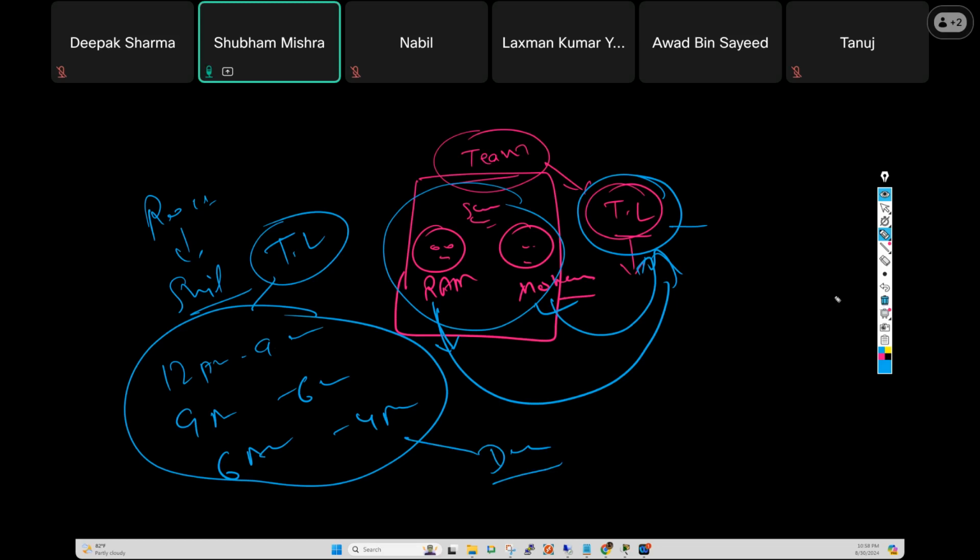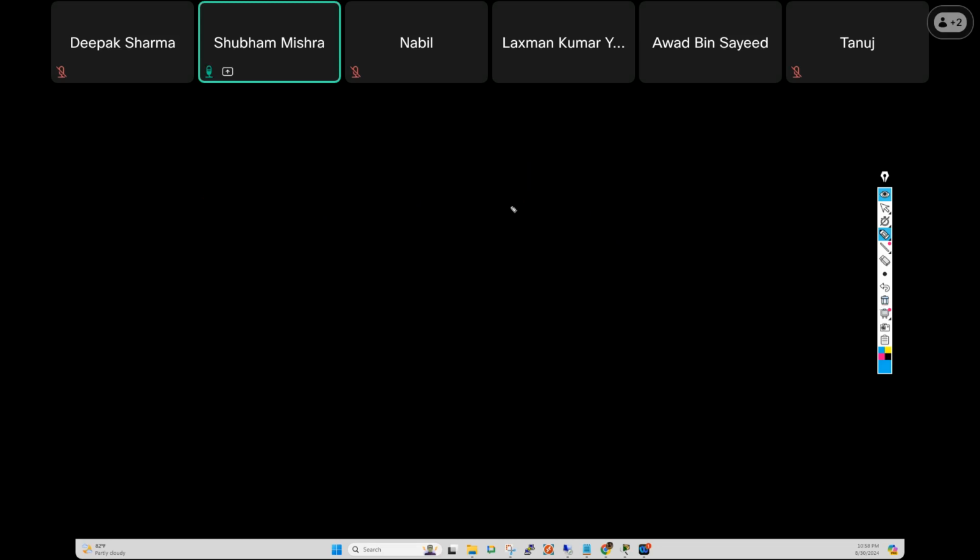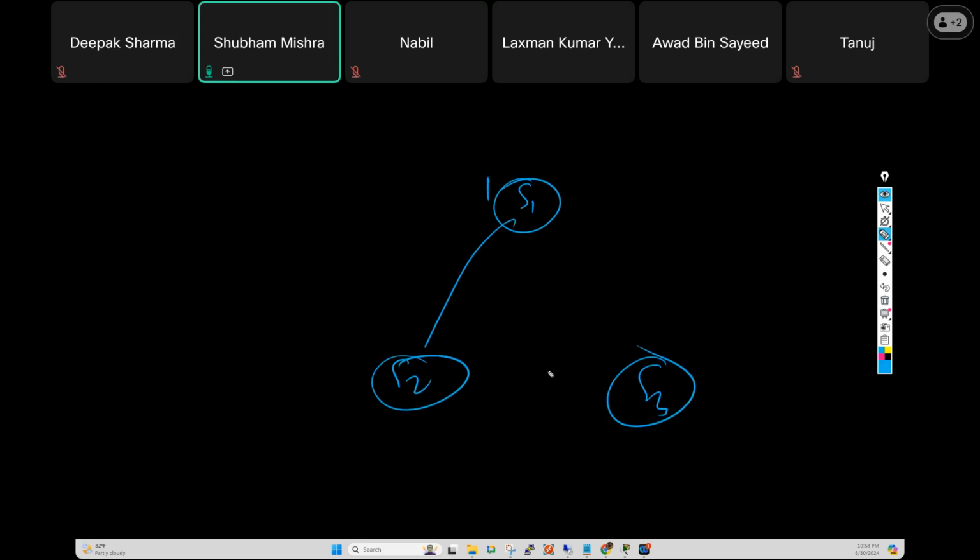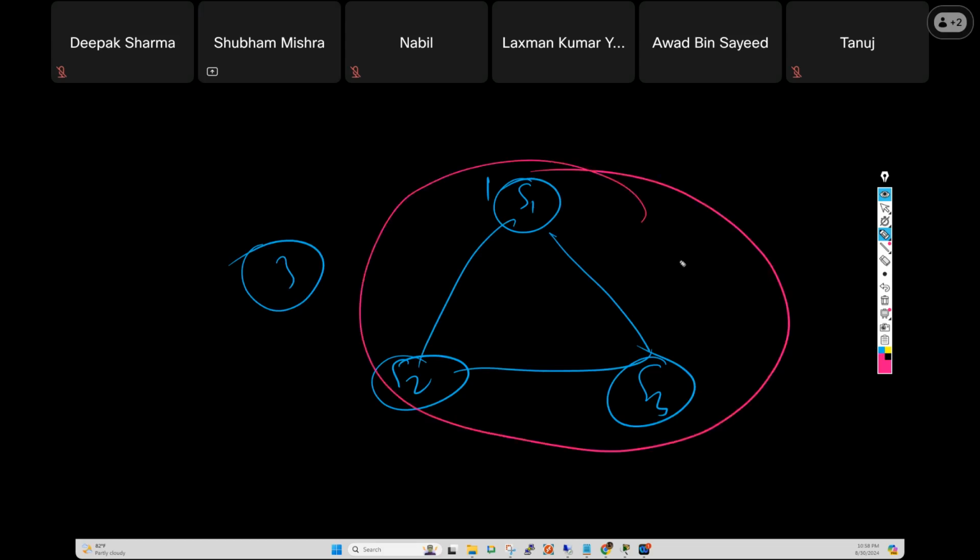Similarly, in the case of a network, guys, if we have a topology like switch 1, switch 2, switch 3, there are 3 switches. Among these 3 switches, one switch will become the leader, and according to that leader, every decision will take place in your topology.